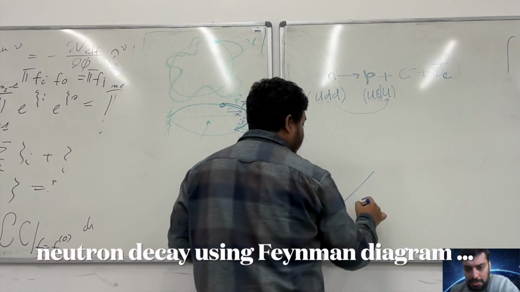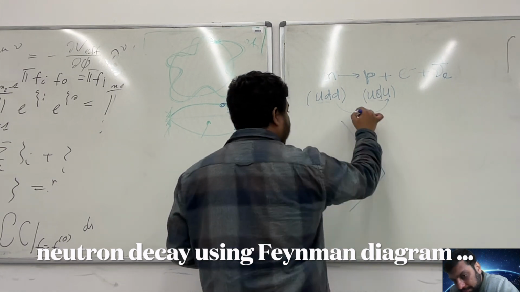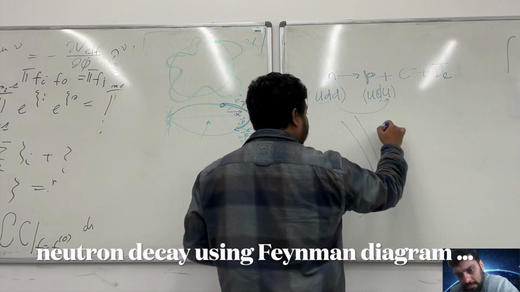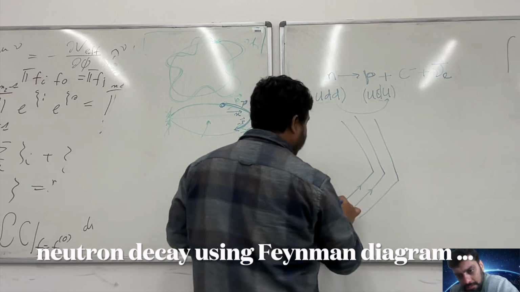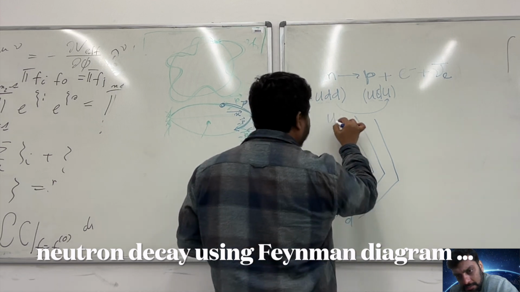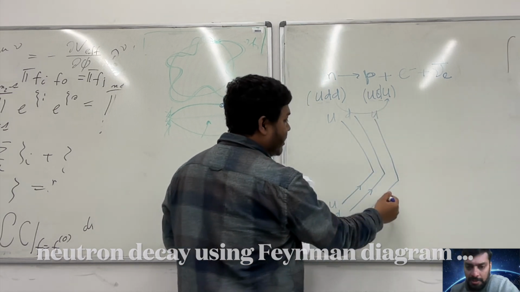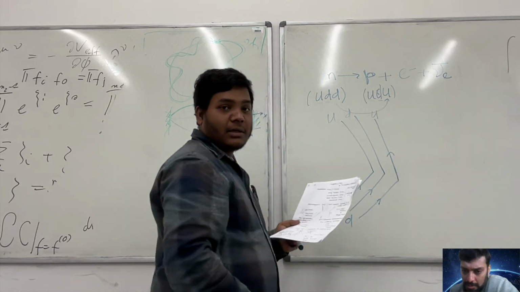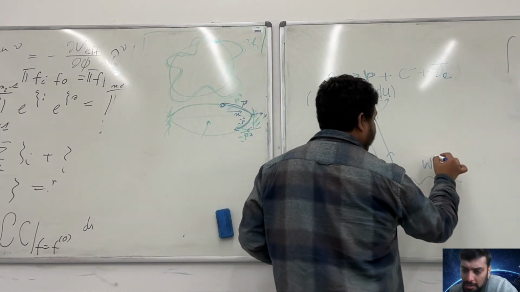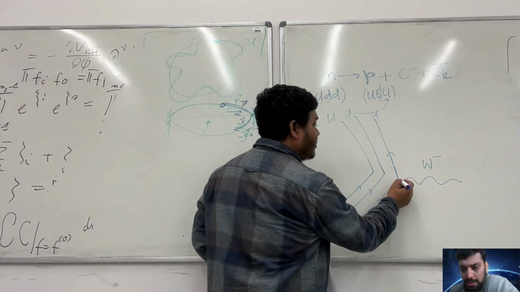If I try to draw it, this up quark stays up, this down quark stays down, but this down quark, when it is converted to an up quark, exchanges a particle known as the W minus particle, because at this point the charge should be conserved.